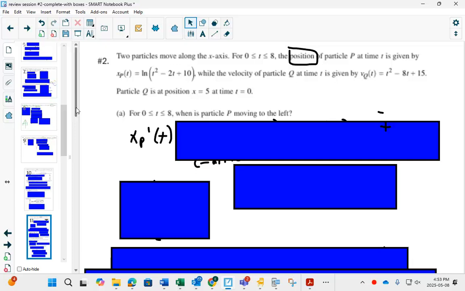Particle Q is at position x equals 5 at time 0. Okay. From 0 to 8, when is particle P moving to the left? If it's moving to the left, we know its velocity is negative.